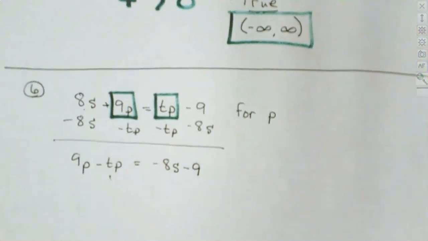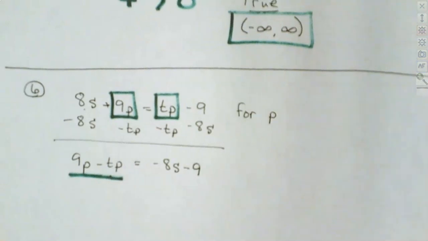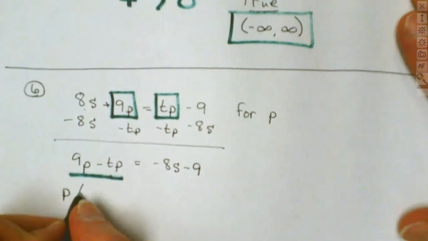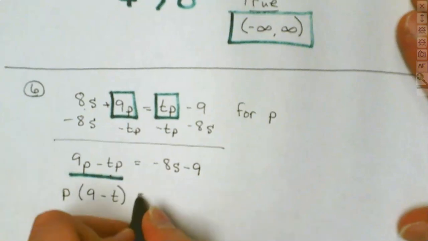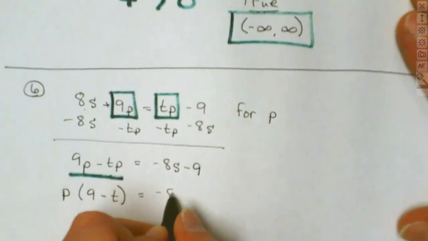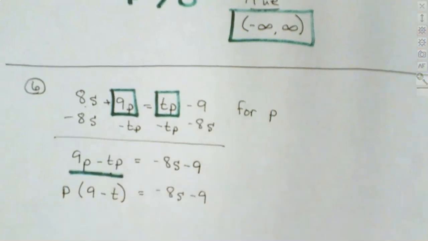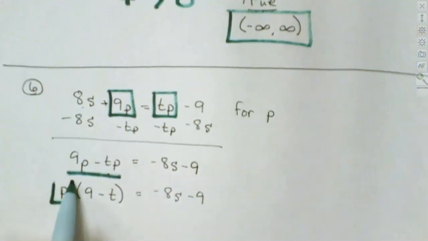Now we need to factor. On the left-hand side, what do these have in common? Both have the variable p in common, and that's what we're solving for. So we're going to factor that p out. And then how do we finish it? We want to get this p by itself.